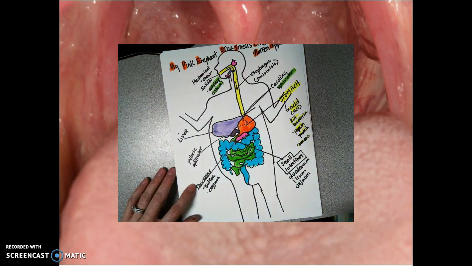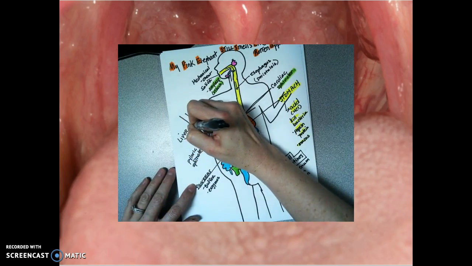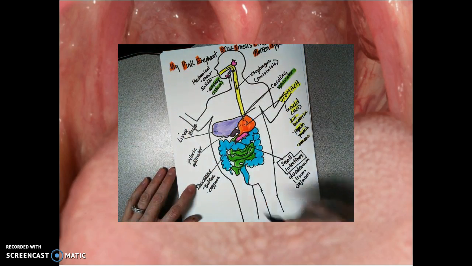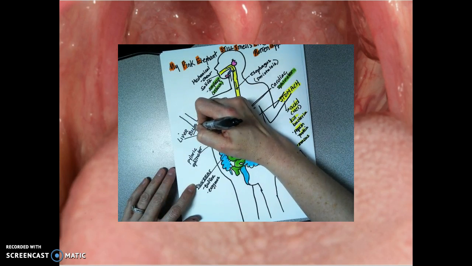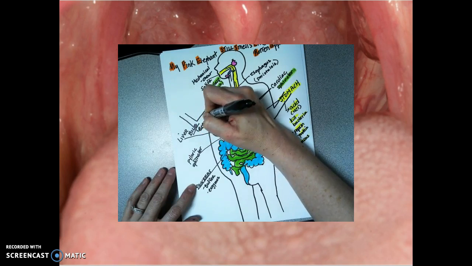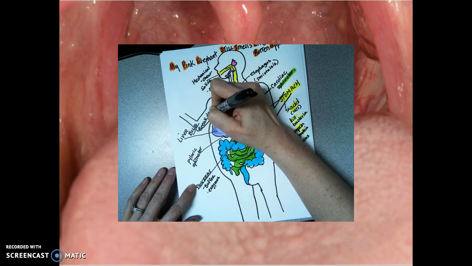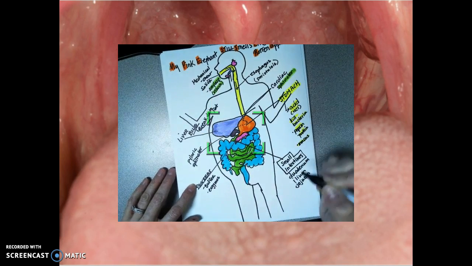And then we have the liver. And the liver is going to make bile. And the role of bile is to break down fat. It doesn't digest it, it just makes it smaller, so that it's more easily digested by the enzyme lipase, which is the digestive enzyme that takes care of fats.